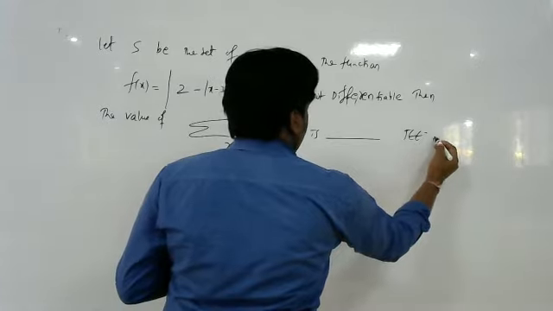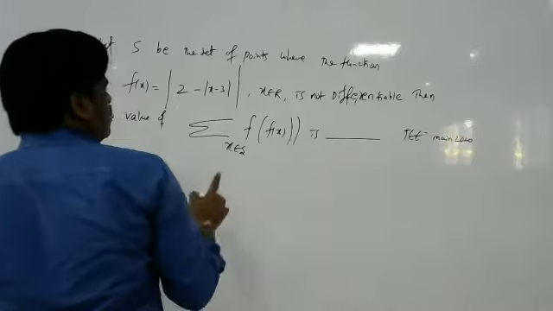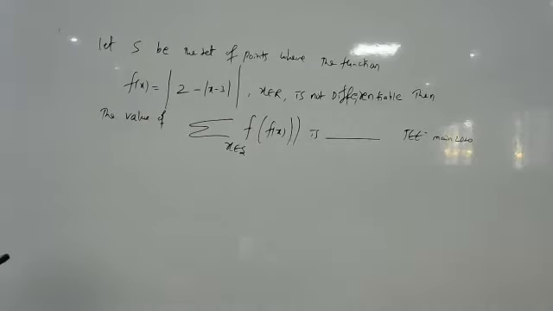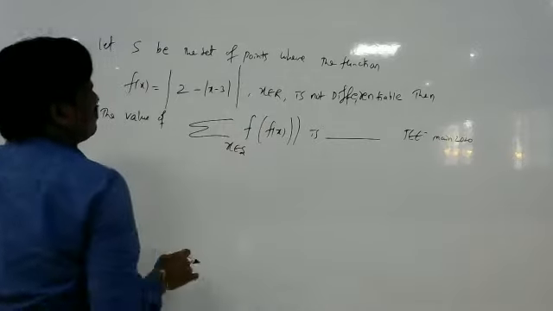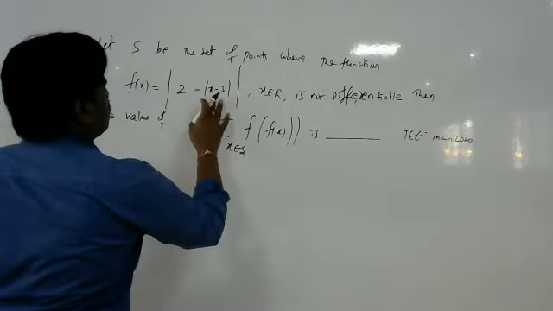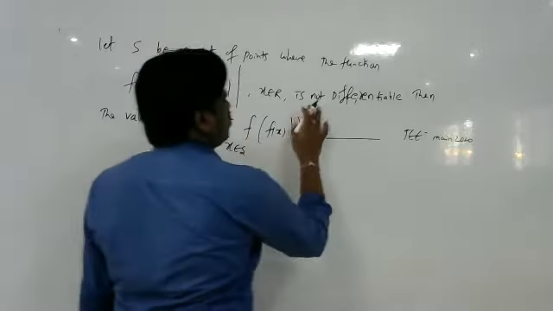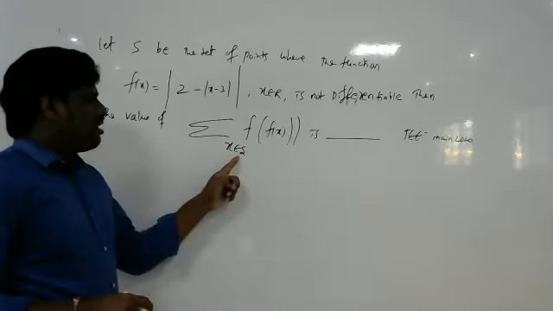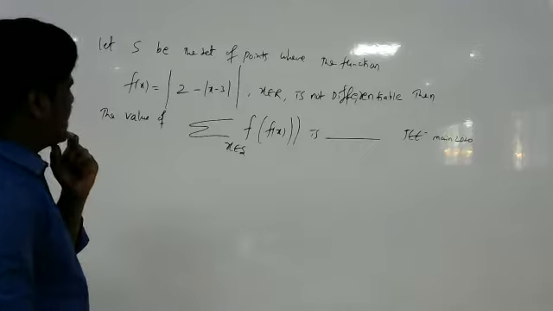JEE Mains, many of the students have done this wrong because it is an integer type, numerical based question. Many of them did this wrong. The question is, let S be the set of points where the function 2 minus modulus of x minus 3, where x belongs to R, is not differentiable, then the value of sigma x belongs to S, f of x is dash.